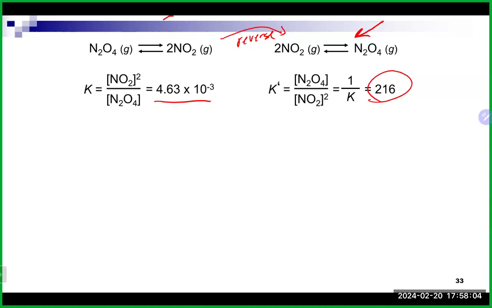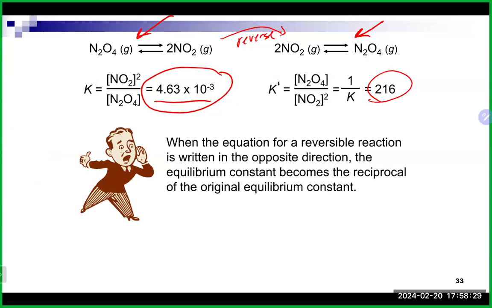If you're writing this reaction here where N2O4 is the reactant, this would be the proper value for K. So as I mentioned before, when you see a K value for a reaction, how it's written at that particular temperature, they're kind of locked together. So if you do something to that equation, like reverse it, you have to adjust the K value, or if you take it and add it to something else. Any questions on that there?